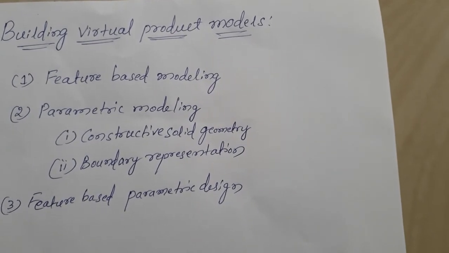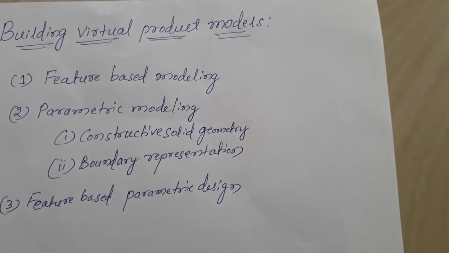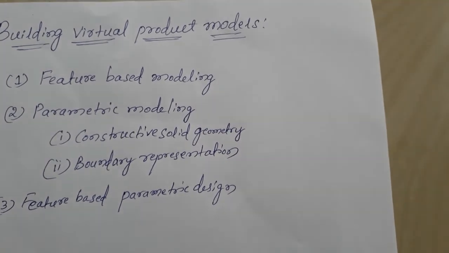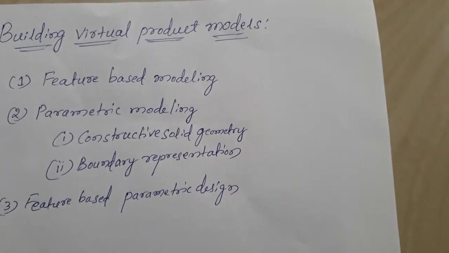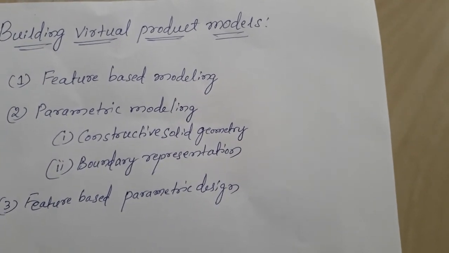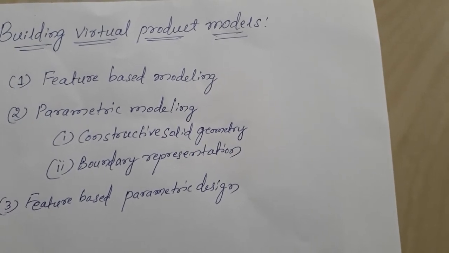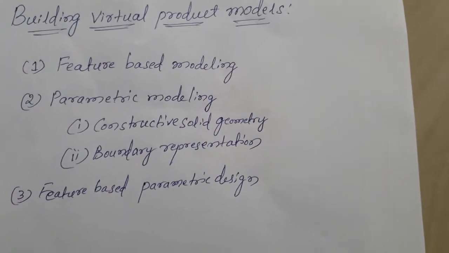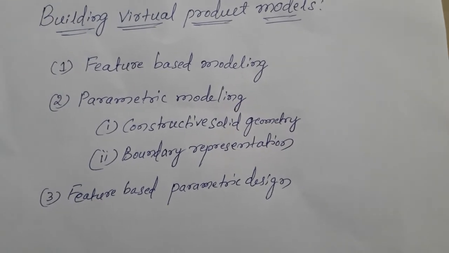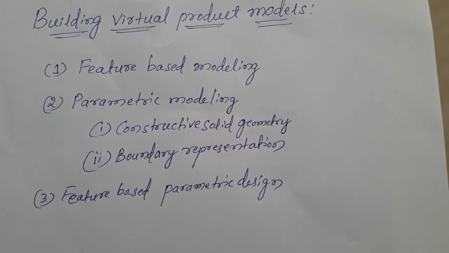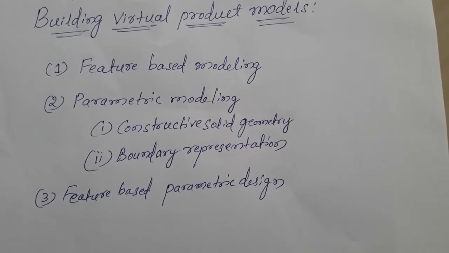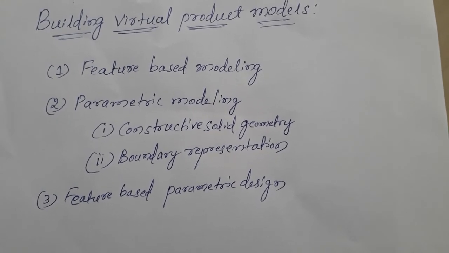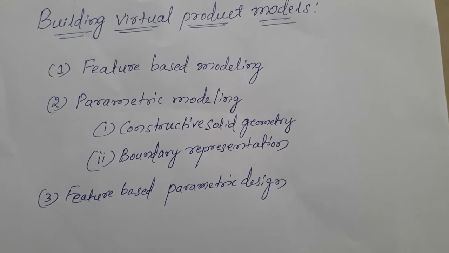If you want to build any product by using a parametric model, we have to use some mathematical equations. By using mathematical equations, we create a model in parametric modeling. There are two types of parametric modeling: constructive solid geometry and boundary representation.